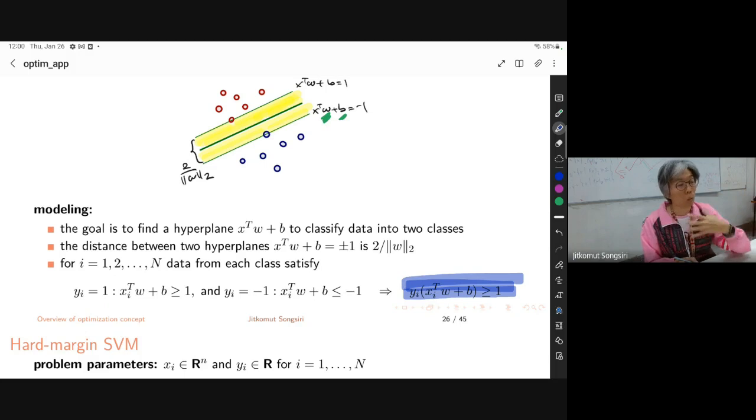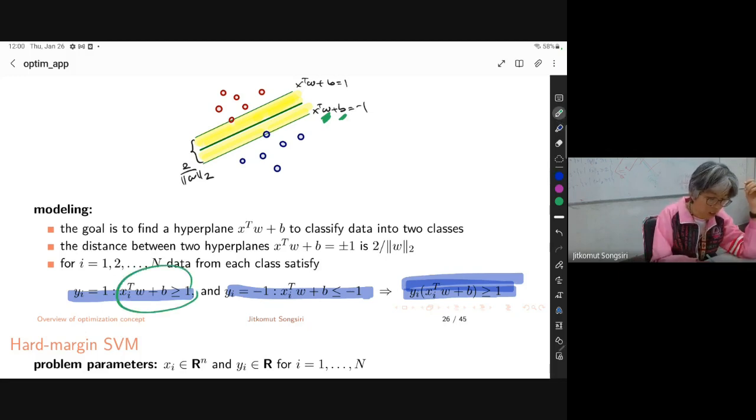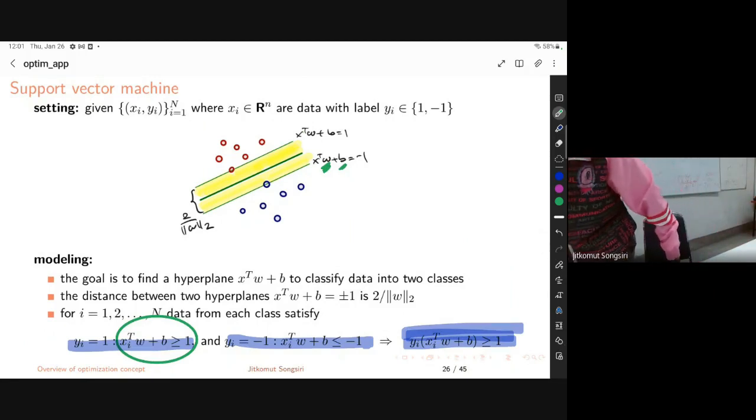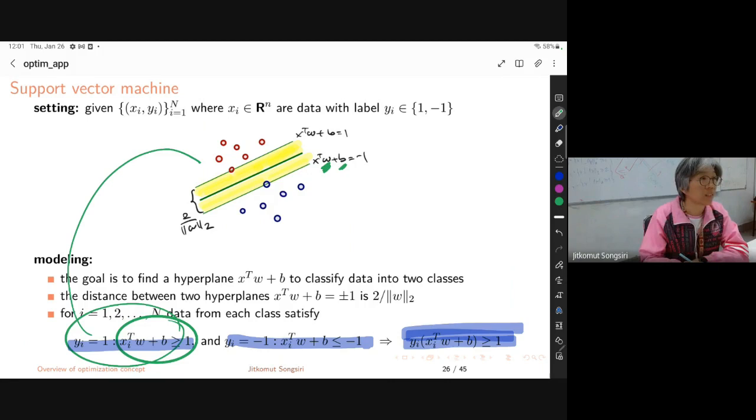And what I just said can be translated into mathematical constraints as these two purple ones. When y is 1, which is in one class, you belong in this half space. Which one, upper or lower? Upper, okay, and this one is lower.